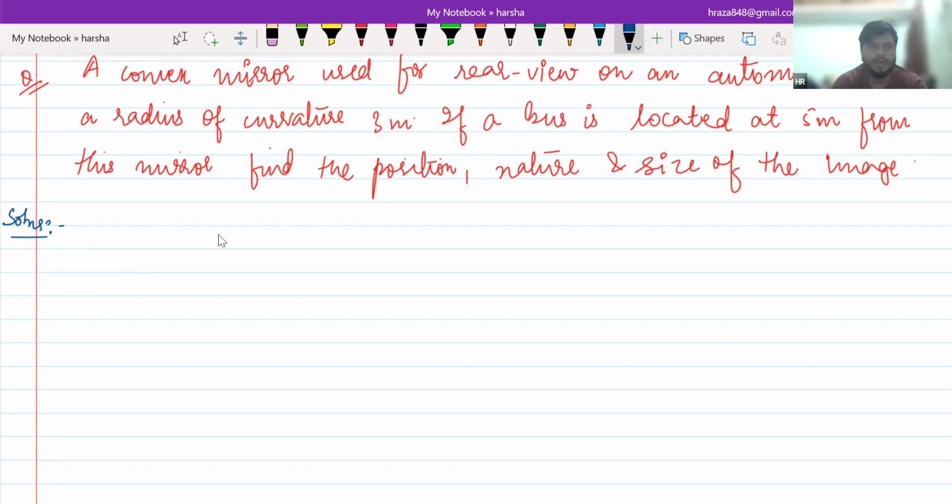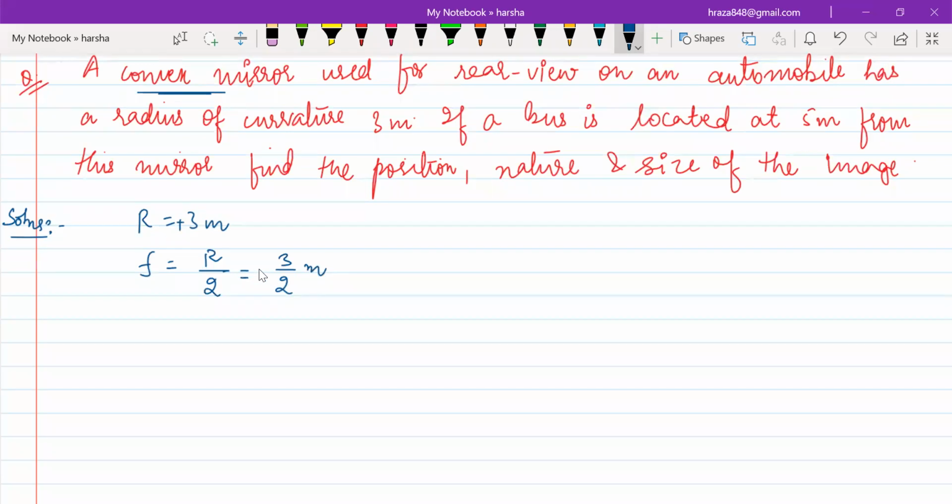Okay, see. First of all, radius of curvature is given 3 meter, and since it is a convex mirror, the focal length is basically r by 2 in case of both concave or convex, and since it is convex, it will be positive. So we got 3 by 2 meter focal length.